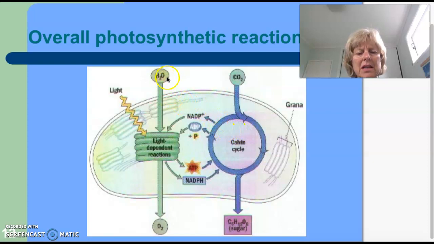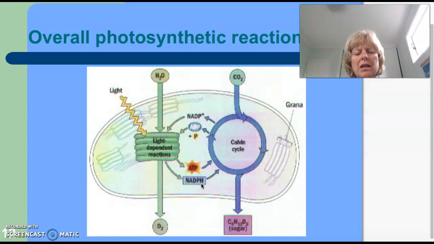You can already see needed for the reaction here is water, and obviously light energy, and oxygen is made as a waste product. Made in this reaction is ATP and NADPH.